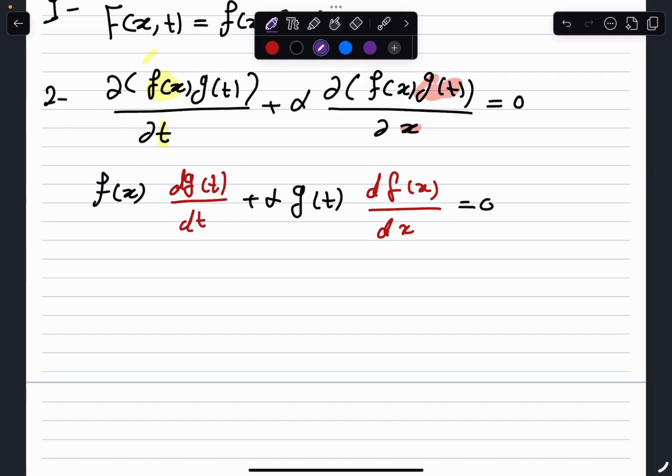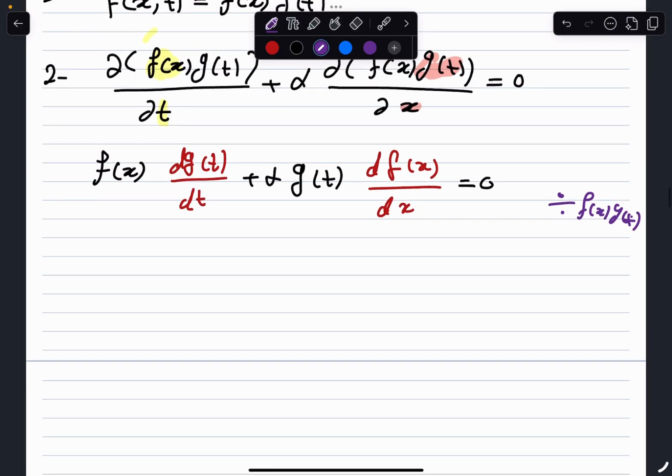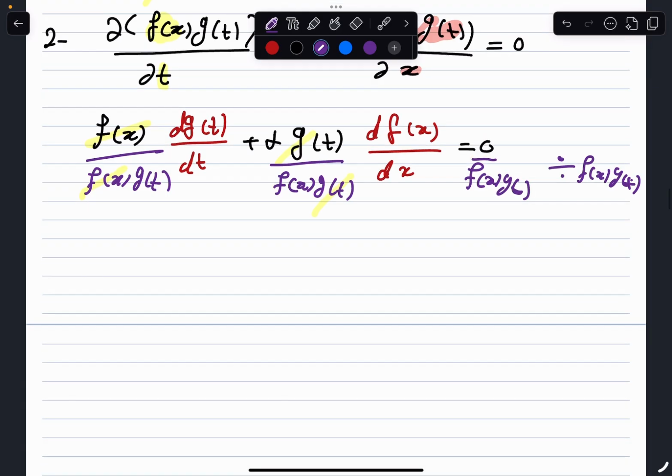Now we divide by f of x and g of t. If we divide, I will have a cancellation here. So f of x will cancel with f of x, and g of t will cancel with g of t, and of course we have 0 here over f of x and g of t, which becomes 0.